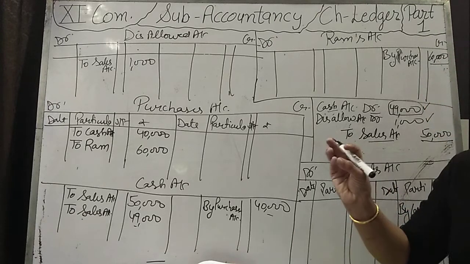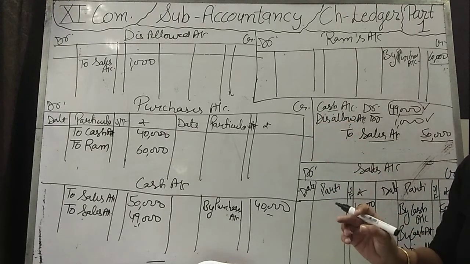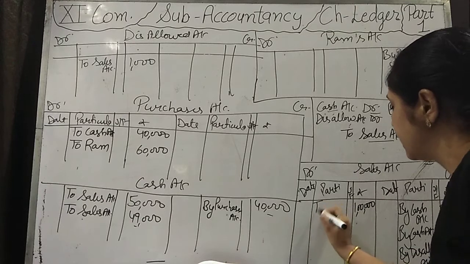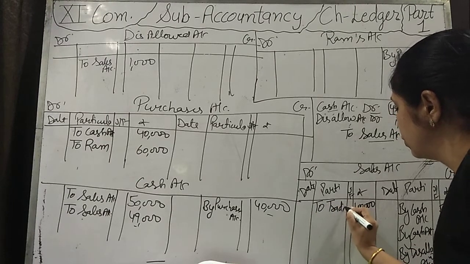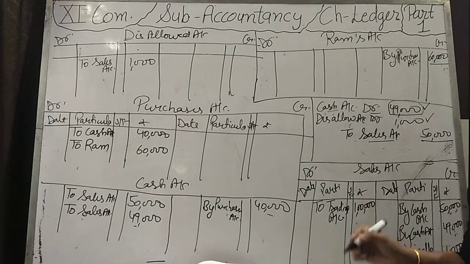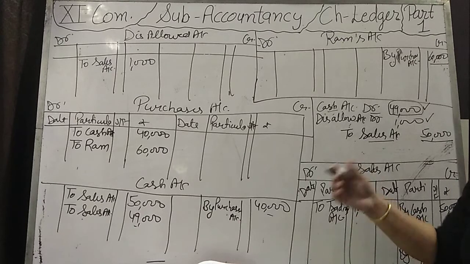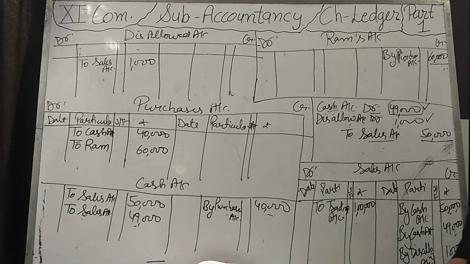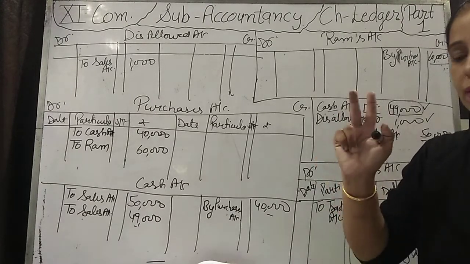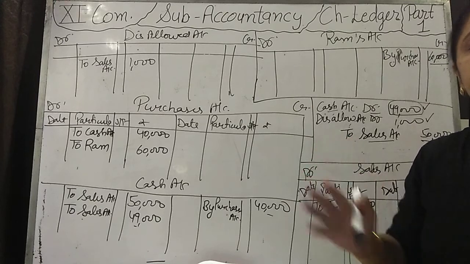These 4 accounts, sale, purchase, sale return and purchase return, will be closed by the trading account, to trading account. Why we have written trading and why we have written balance carried down, you will come to know when we do the chapter on financial statements. For now you have to know only this, that these 4 accounts will be closed by the trading account.